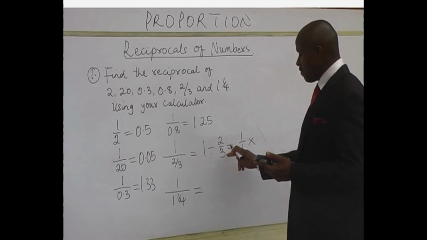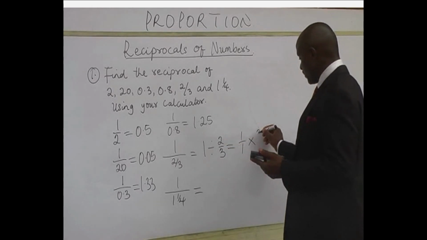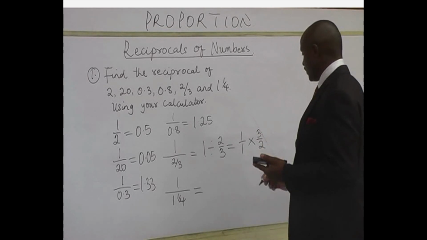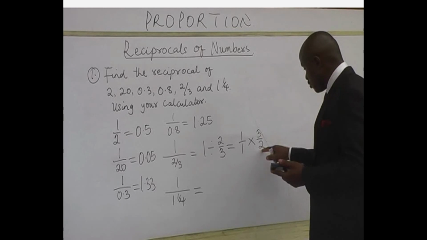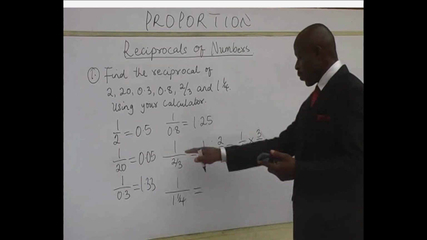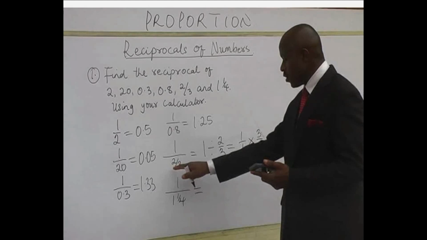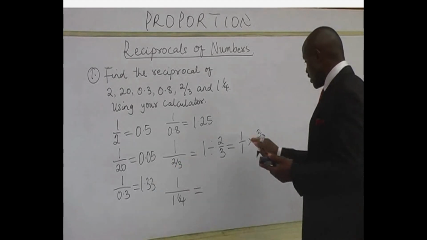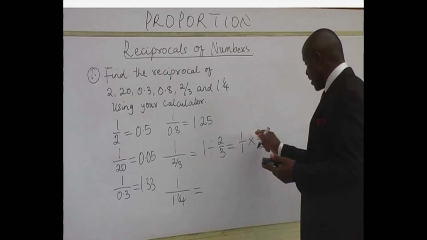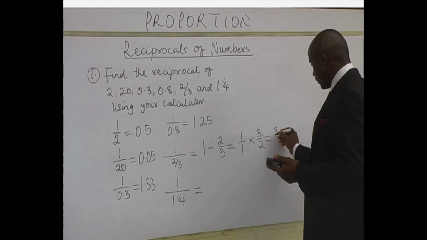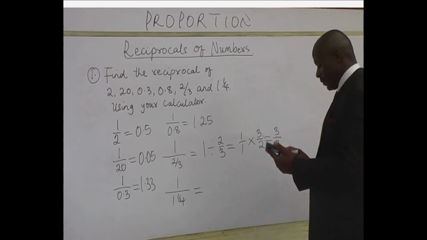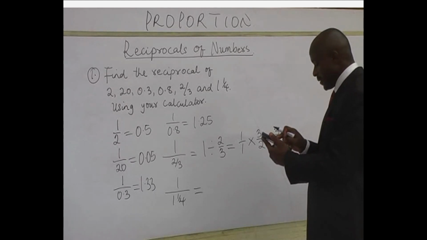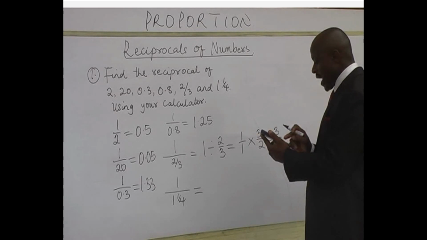Instead of having 2 all over 3, you have 3 all over 2. That means what you have now is 3 all over 2, not 1 divided by 2 all over 3 again. Because if you multiply 1 with 3, you're going to have 3 all over; if you multiply 1 with 2, you're going to have 2. So the reciprocal now is 3 divided by 2, which is 1.5.